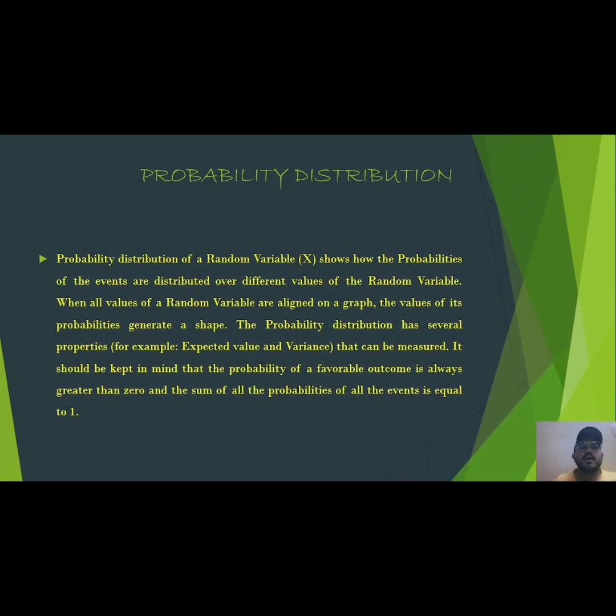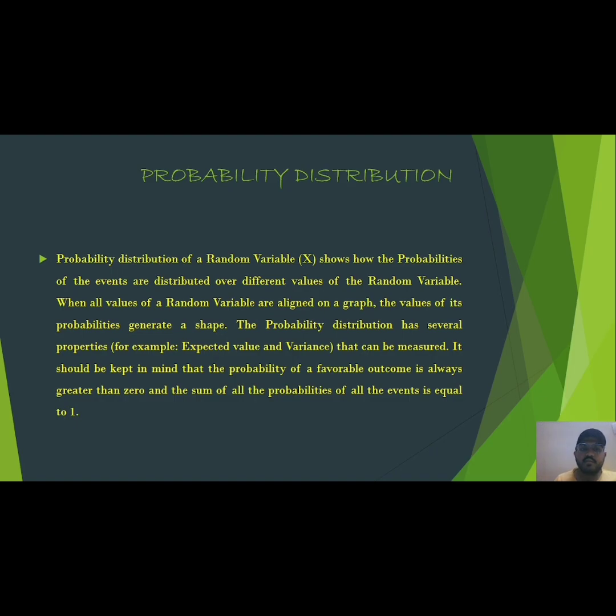Next, probability distribution. Here the probability distribution of a random variable x shows how the probability of an event is distributed over different values of the random variable.